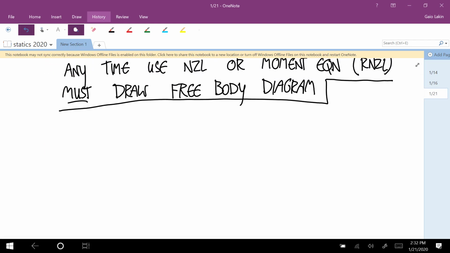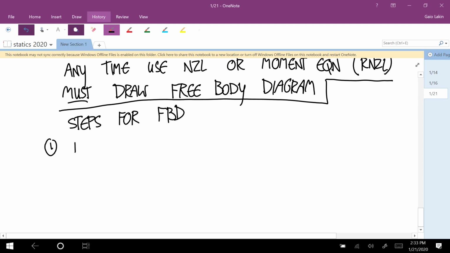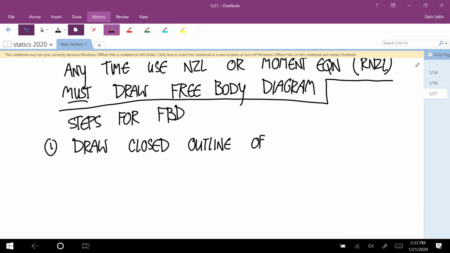Okay, so let me go through the steps for drawing a free body diagram. The first step is to draw a closed outline of the body you're isolating, or the collection of bodies, or part of a body, whatever you're isolating.